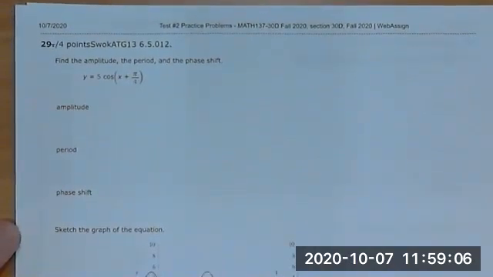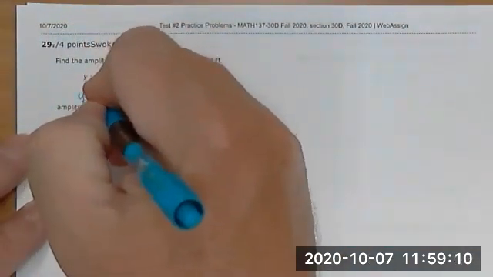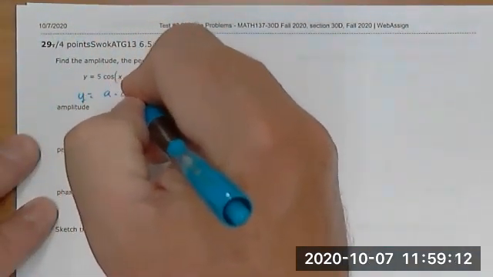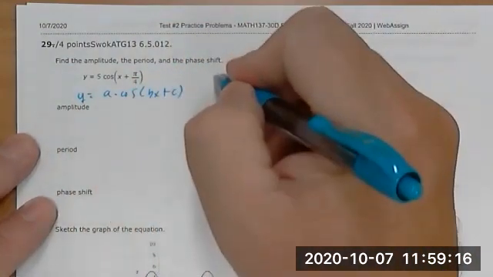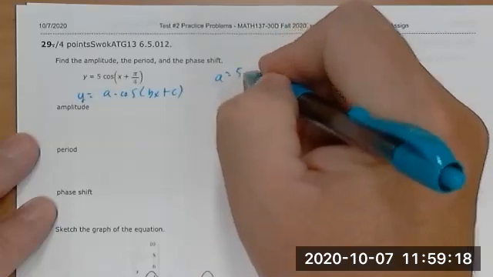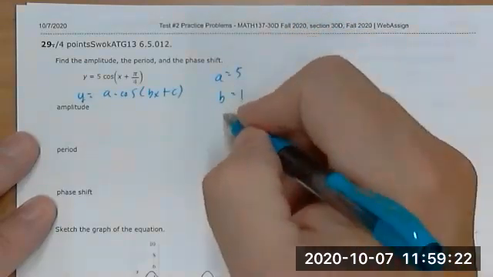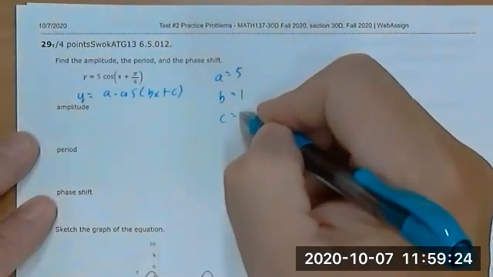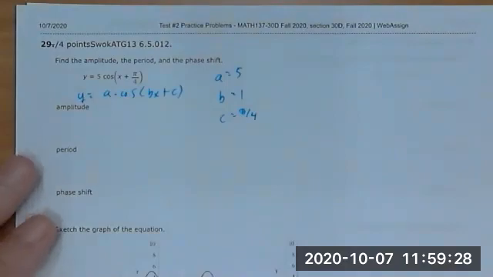All right, same problem. This is a cosine, so we'll do this one. So once again, the standard equation. So this time A is 5, B is 1, C is pi/4.